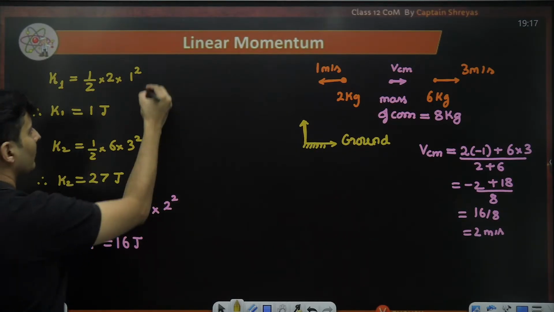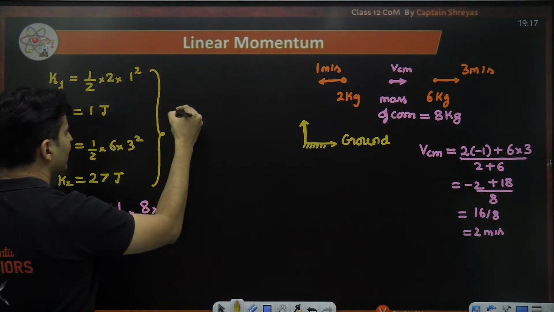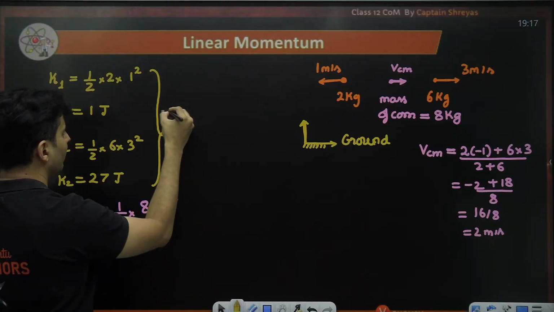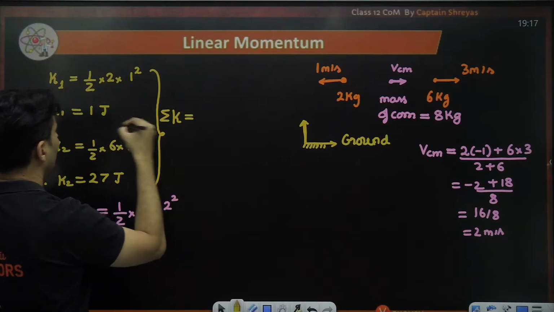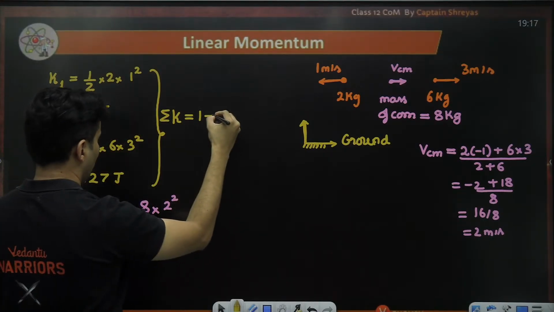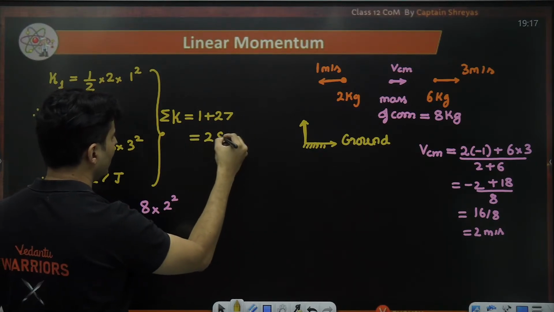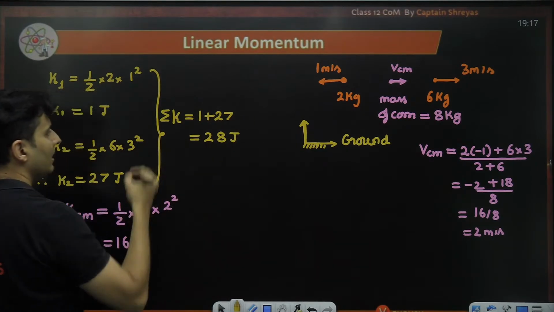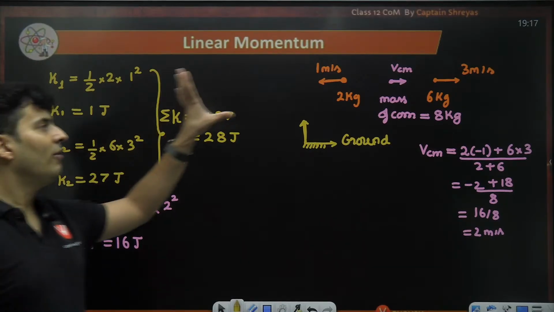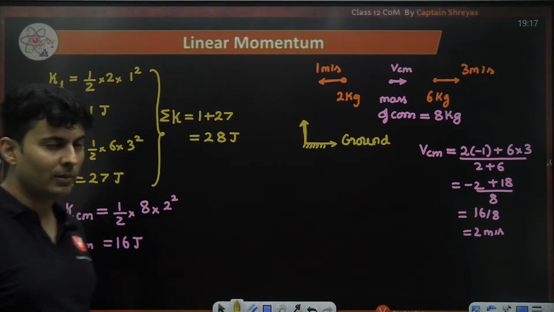If you had asked me over here, what is the kinetic energy from the ground frame? Just from the ground frame totally, it will be 1 plus 27, which is 28 joules. That is the total kinetic energy of the system from the ground frame.